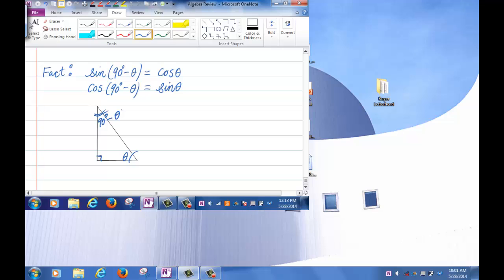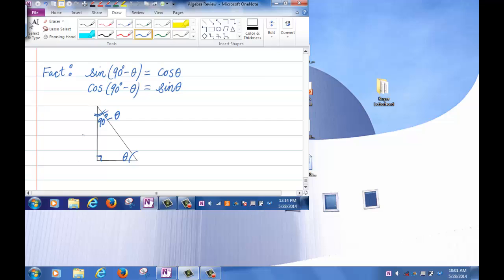So notice that for theta, the opposite of theta is in fact the adjacent of 90 minus theta, right? The opposite of theta is the adjacent of 90 minus theta, and vice versa. So let me label this side.